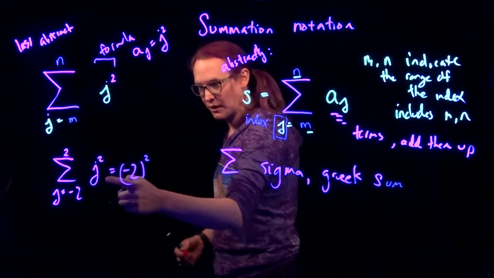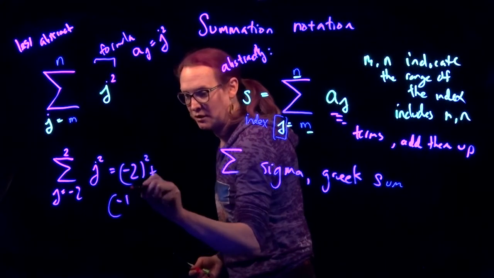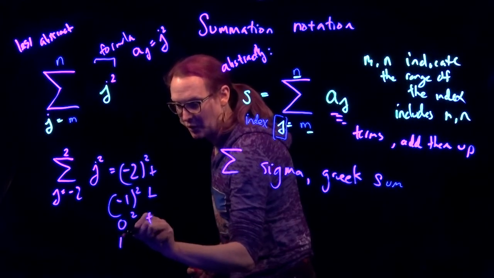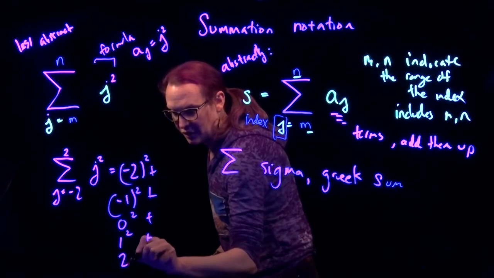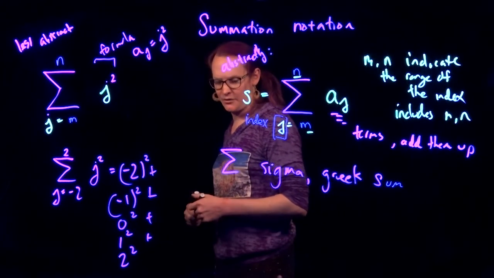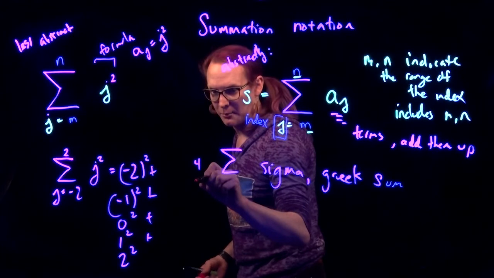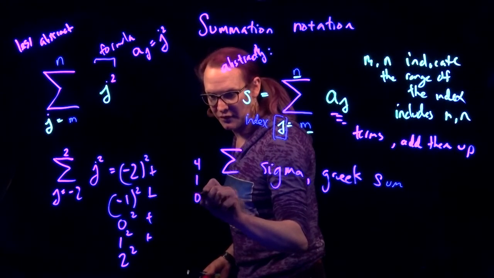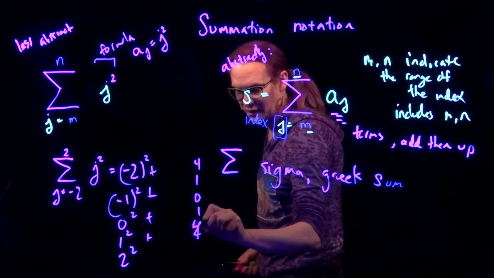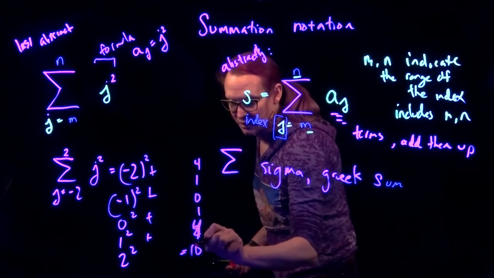And I square it, because that's what I do with j, plus minus 1 squared plus 0 squared plus 1 squared plus 2 squared. And I add them all up, and I'm going to get, let's see here, 4 plus 1 plus 0 plus 1 plus 4 is equal to 10.